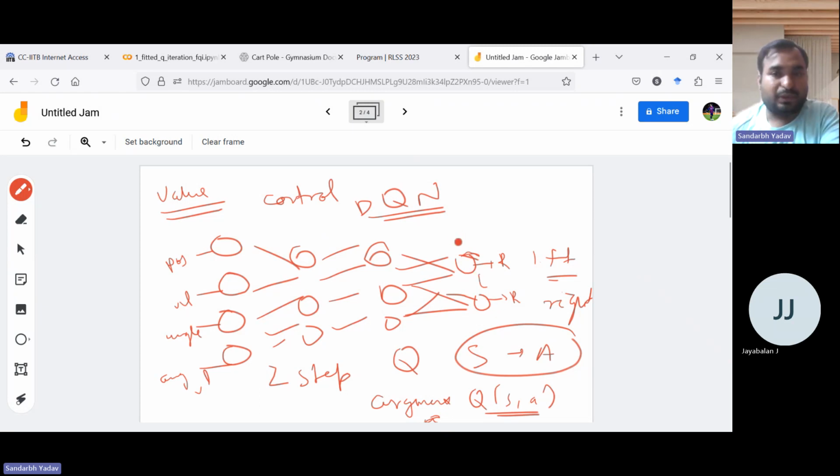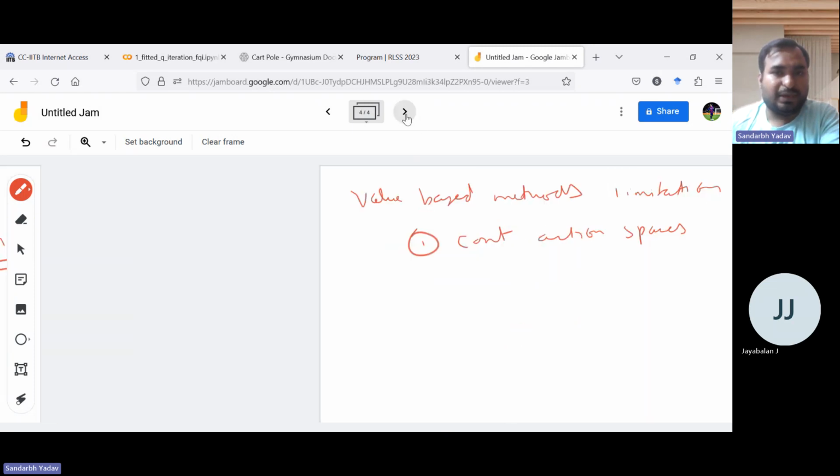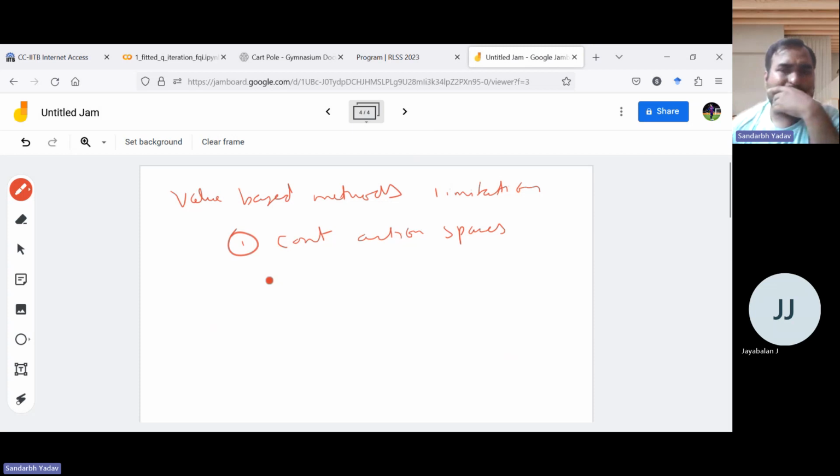But suppose our action is continuous. The CartPole example was a discrete one, so I'll give another example for policy networks. Suppose you have X, Y, Z coordinates as your features to the network, and the action is something like velocity.